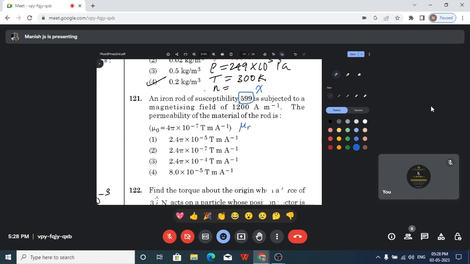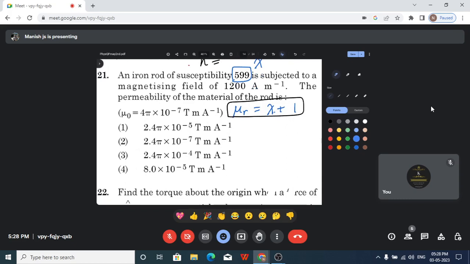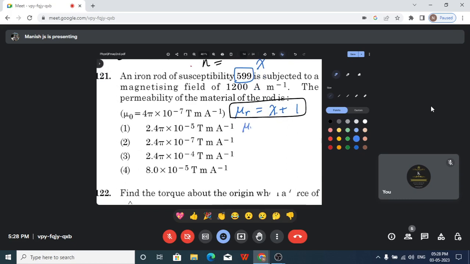Relative permeability is equal to susceptibility plus 1. This is the relation we have. So use the relation: relative permeability is equal to susceptibility plus 1. Use the relationship, substitute the values. So what is mu r? 599 plus 1 is 600.